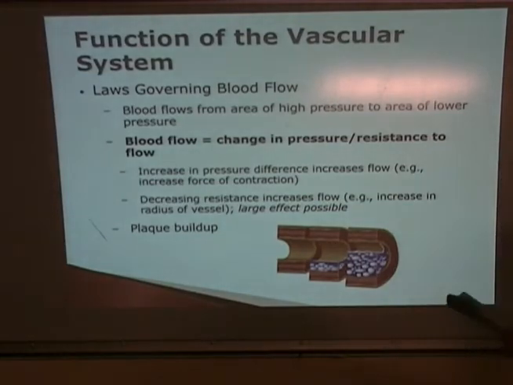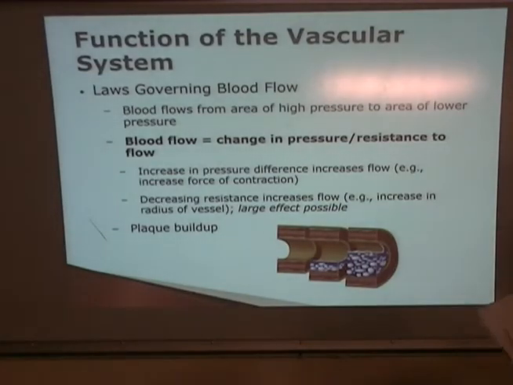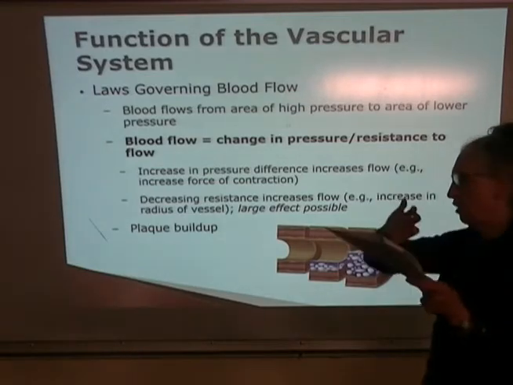Okay? So that means the rate of flow, the speed or the amount of flow, is also proportional to the pressure difference between two ends of a vessel. Okay? So the blood flow and the rate of flow are both connected to this idea of change in pressure across the system.